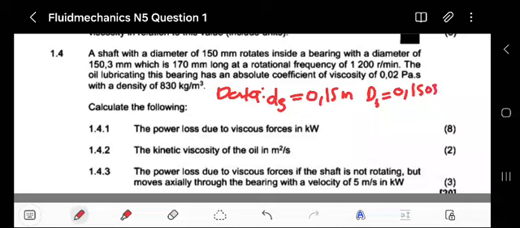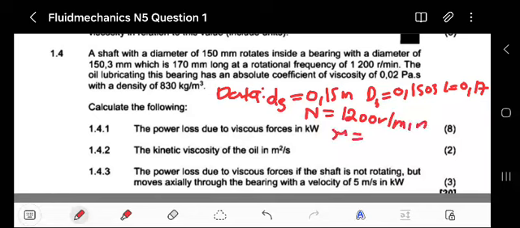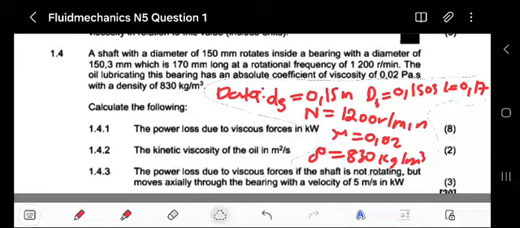Then the length is the same as 0.17. It's in meters. Then we've been given the rotating frequency there, 120 revolutions per minute. Our coefficient of viscosity is 0.02. Then the density is 830. Right, we've been given it. So okay, we want to calculate with this information.